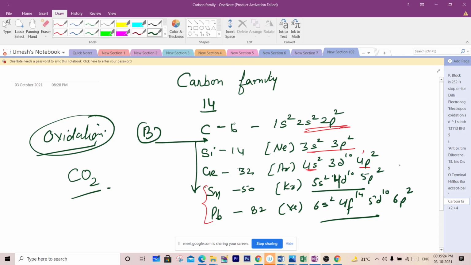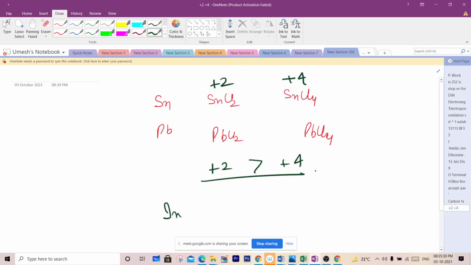Yes, perfect. This pair becomes inert for making bonds. Due to the inert pair effect, the +2 state is more stable as compared to +4.